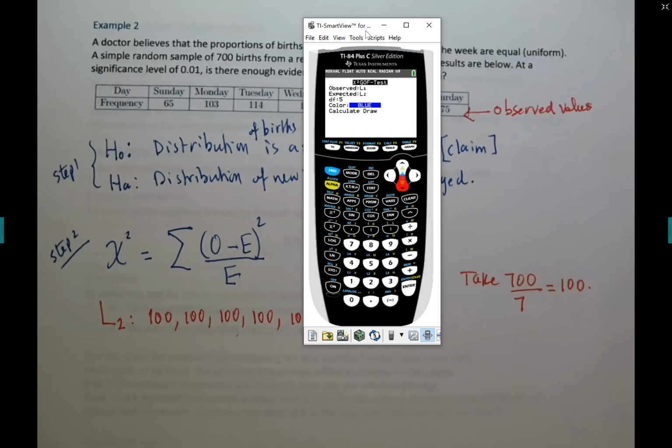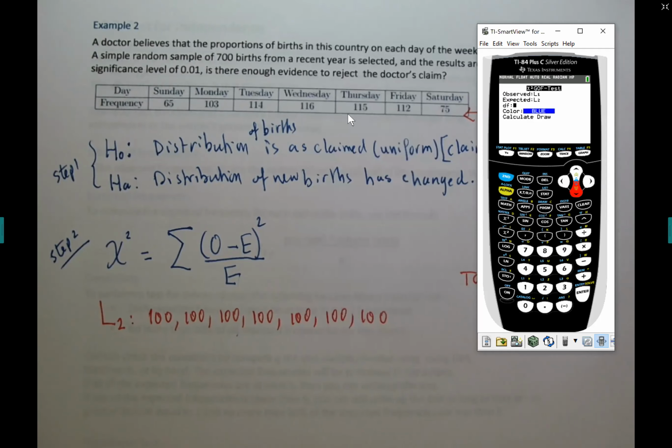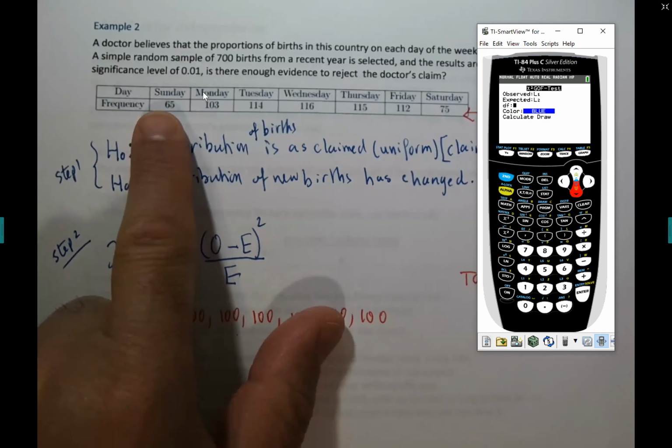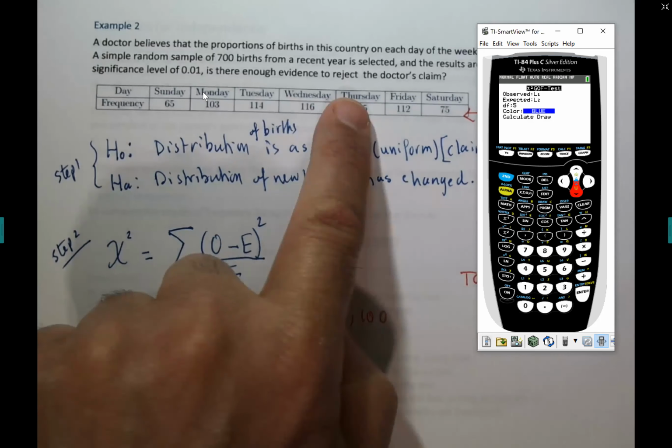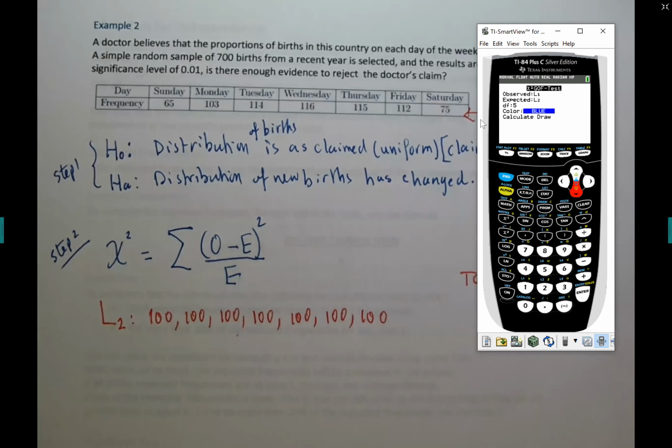So what would it be in this case, guys? Not 5. 4. How many categories do we have? 1, 2, 3, 4, 5, 6, 7. Minus 1 will be 6. So I'm going to change this to 6.